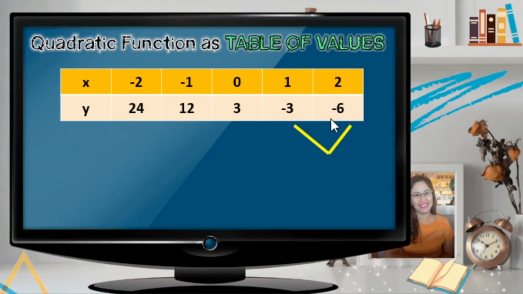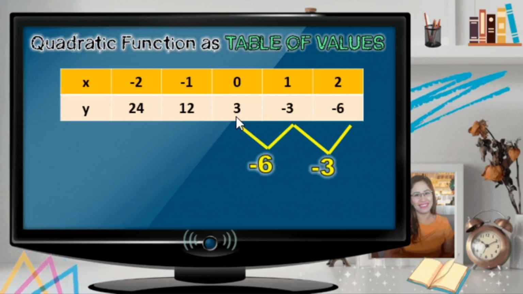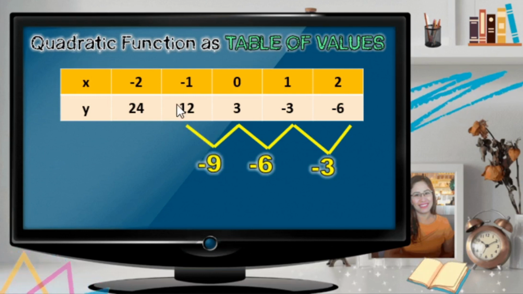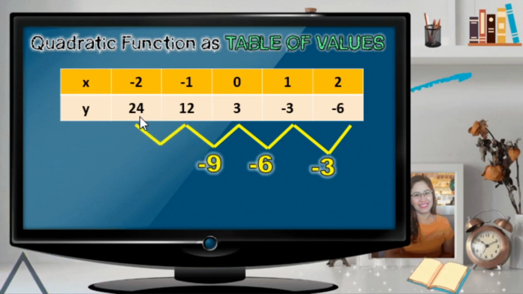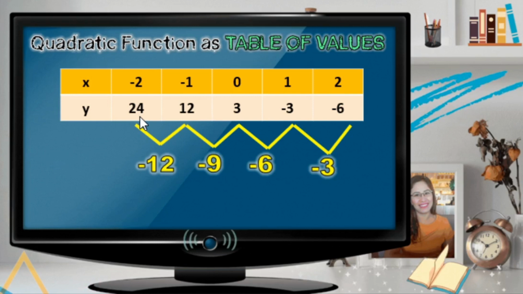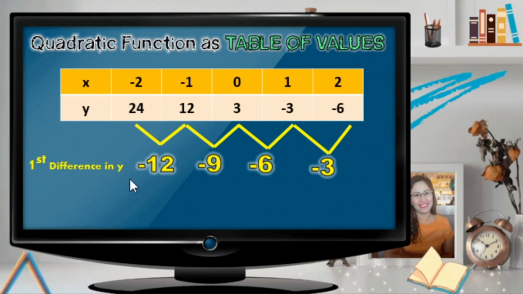We have negative 6 minus negative 3, we have negative 3. Negative 3 minus 3 is negative 6. 3 minus 12 is negative 9. 12 minus 24 is negative 12. This is what we call the first difference in y.